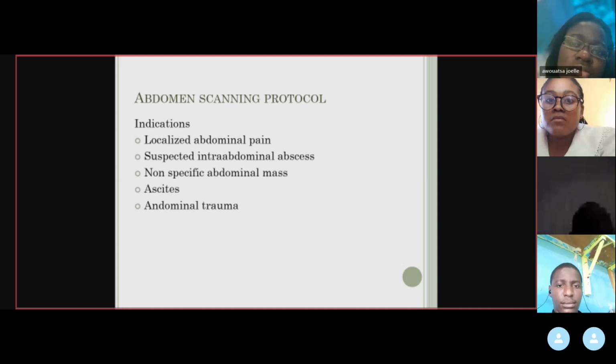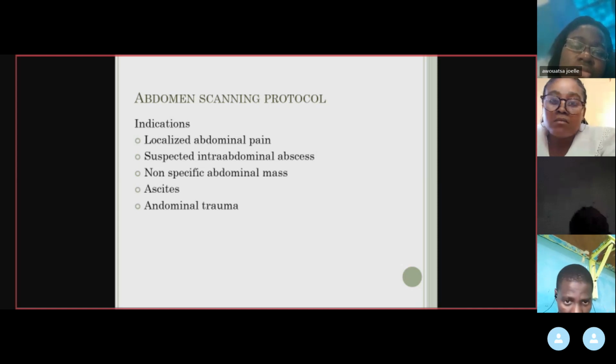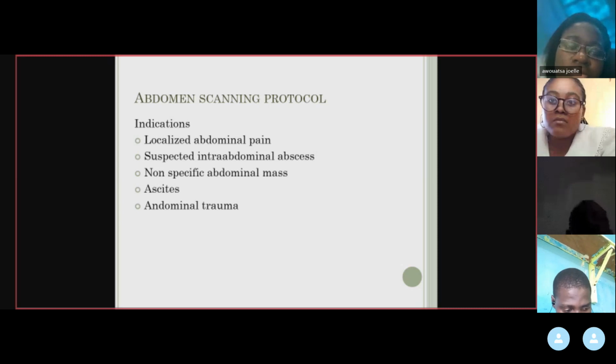In abdominal scanning, what are the indications? Indications means why we are doing that scan. Whenever a patient has any abdominal pain, we will go for abdominal scanning. Or if there is an abscess or infection, an intra-abdominal abscess, also called pus, then we go for abdominal scanning.